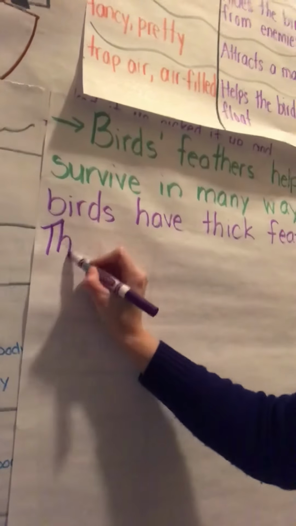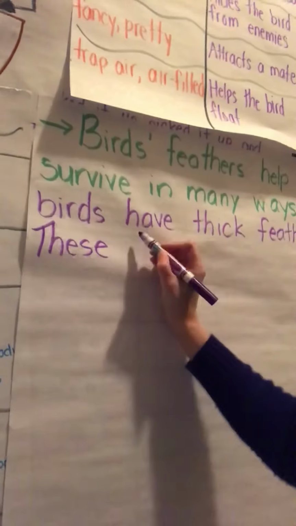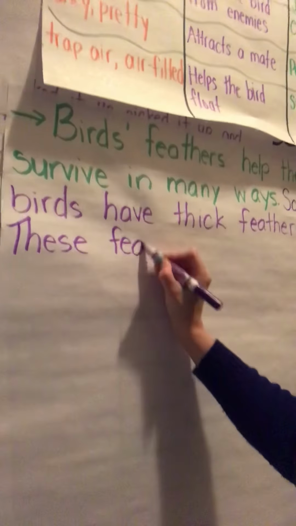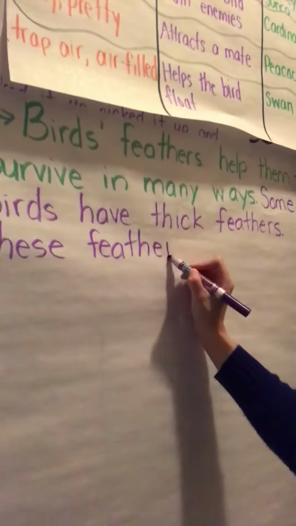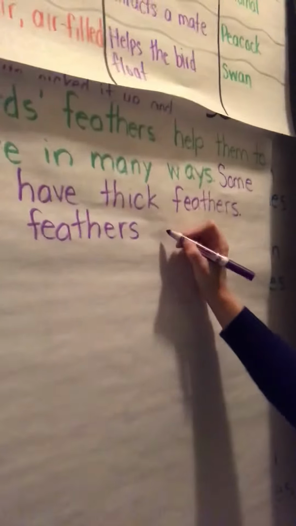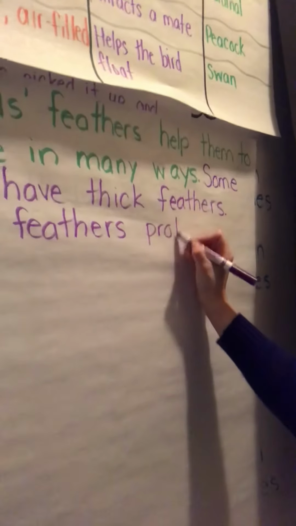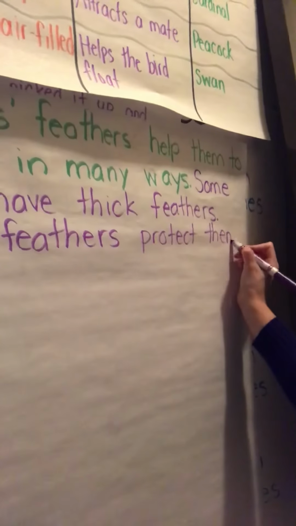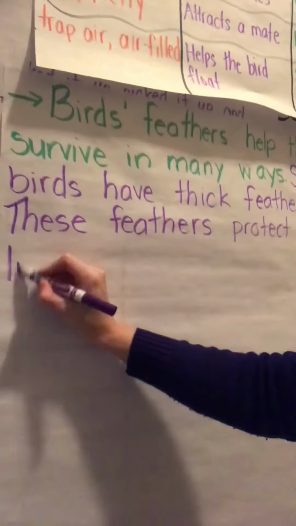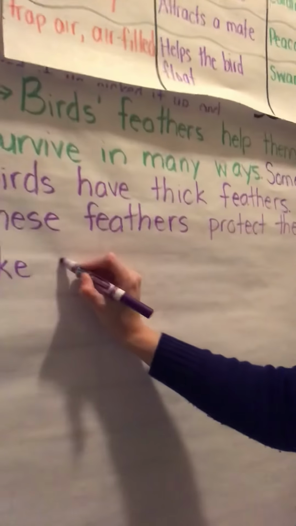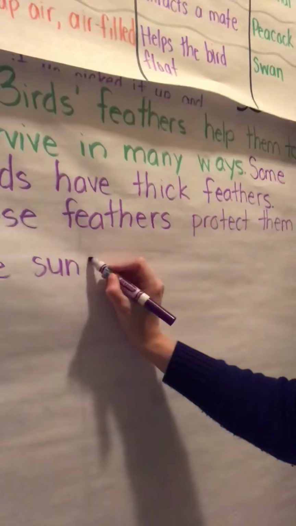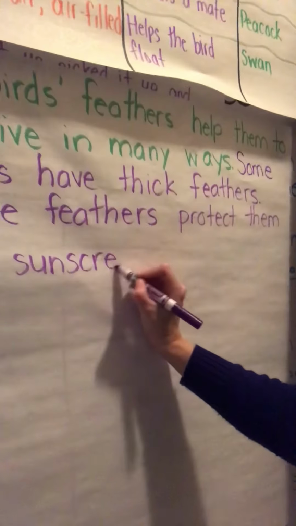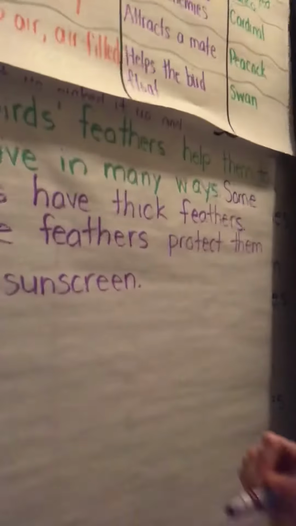So we're going to write: these feathers protect them like sunscreen. Like how we put on sunscreen to protect from the sun, the birds use these thick feathers to protect them from the sun.